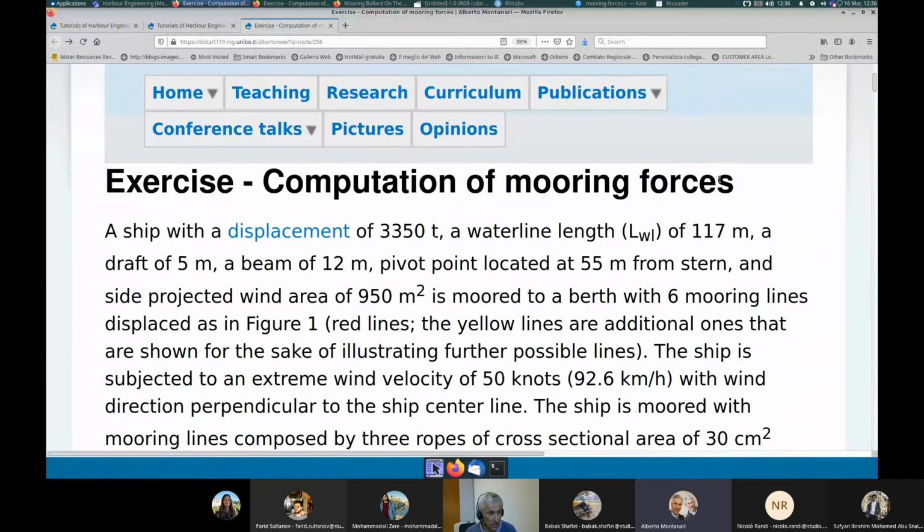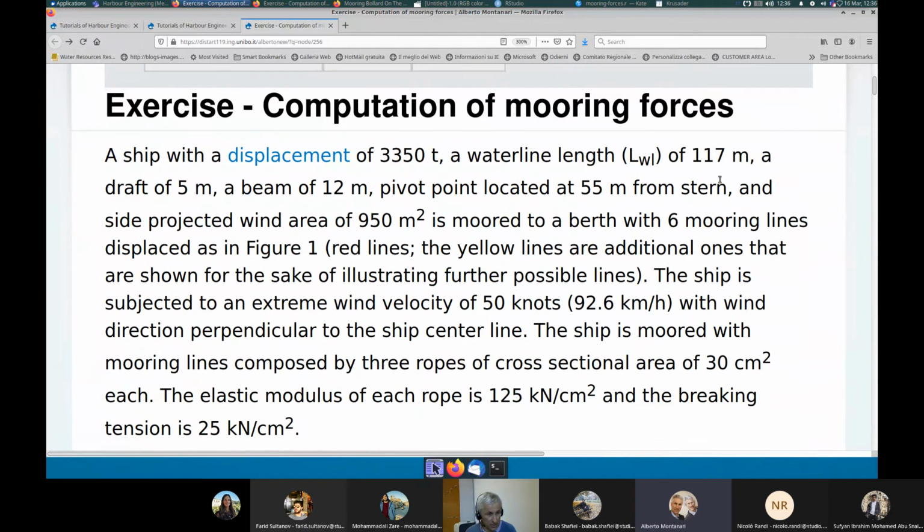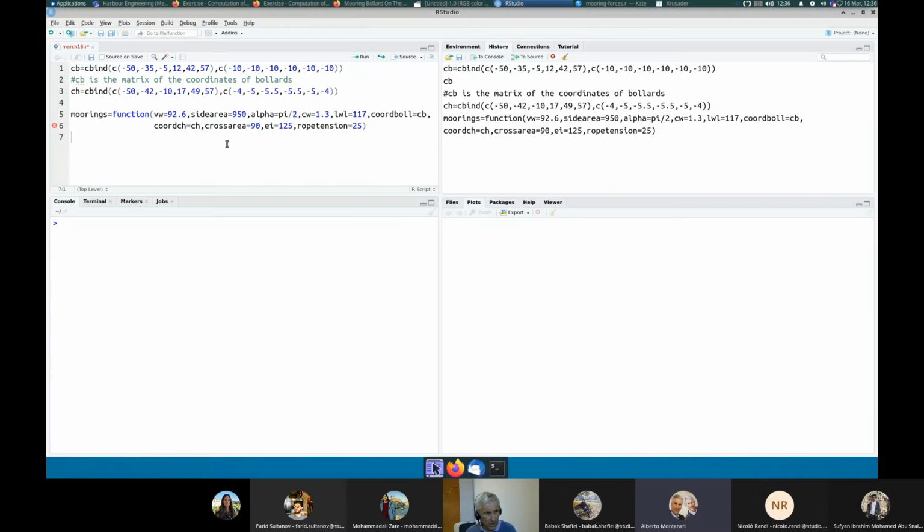Let me check because I don't remember. Okay, it's the wind velocity. Yeah, perfect. I go back to RStudio then, okay? And in fact, it is VW, it's velocity wind.